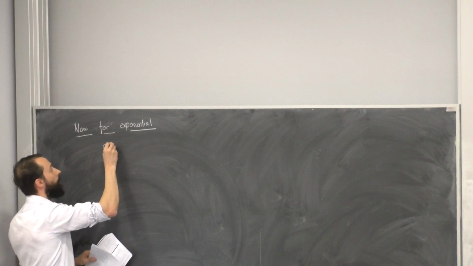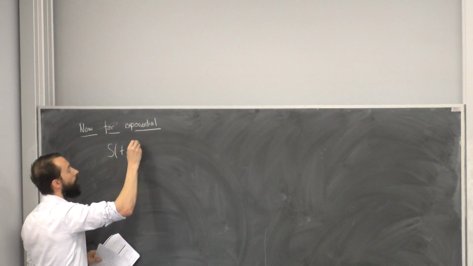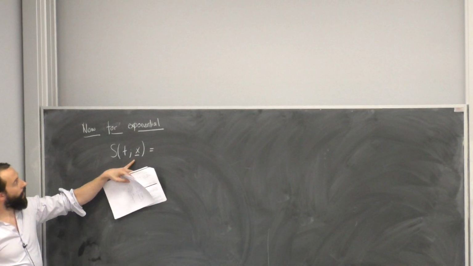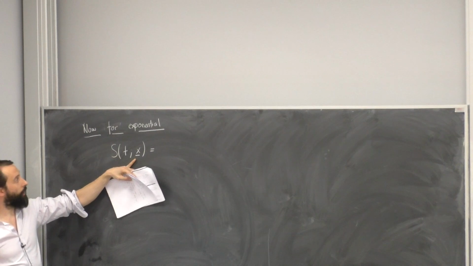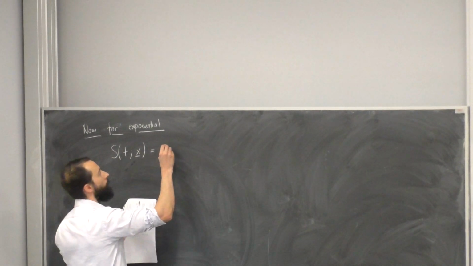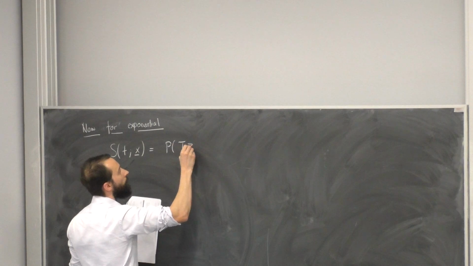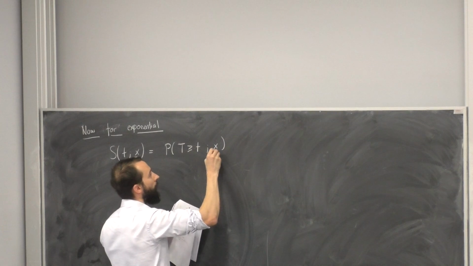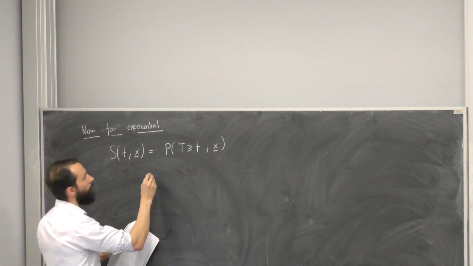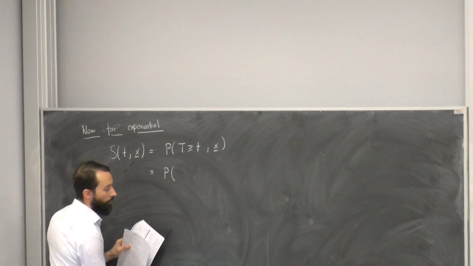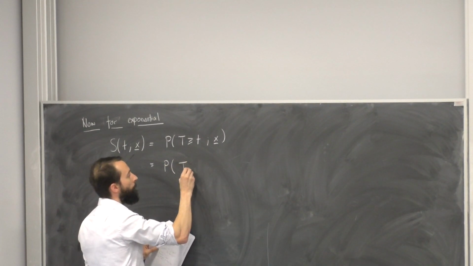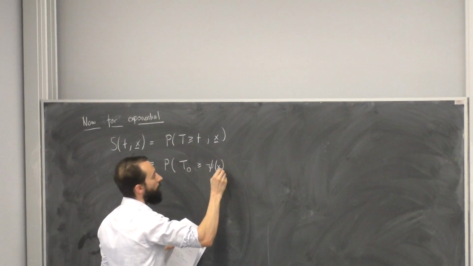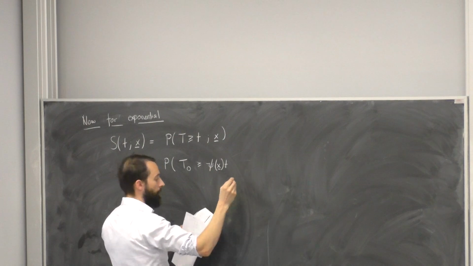Then for an individual who now has variables x rather than 0, i.e. the probability that an individual who has variables x lasts longer than time t, well, that's the probability that my baseline individual lasts longer than time psi of x times t.